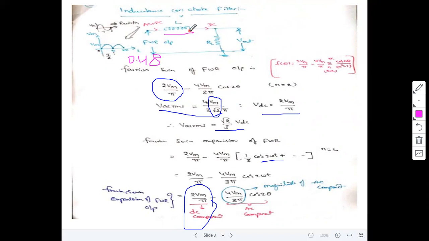The inductor allows the DC component, and transmits the same DC component to the output, so there is no change in the ripple factor for the inductor filter.